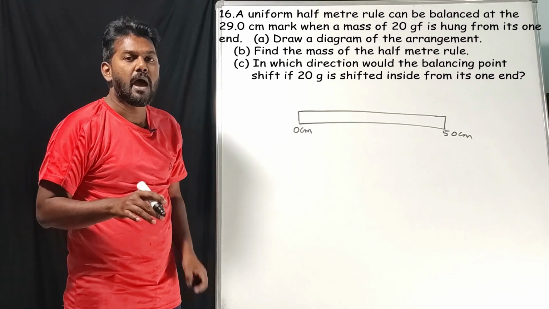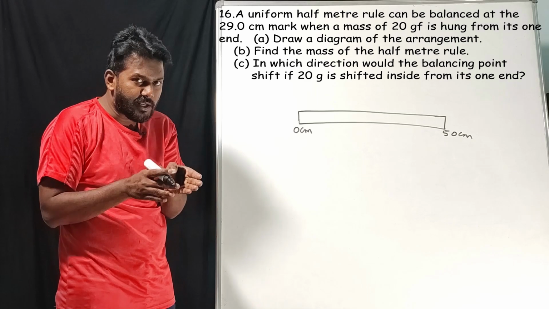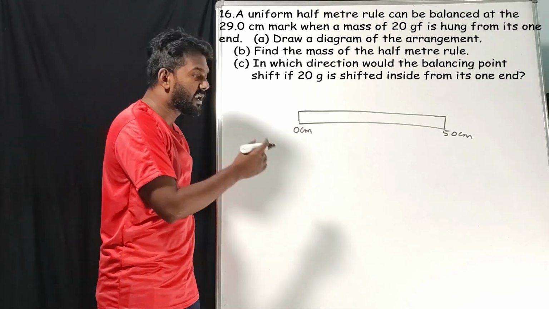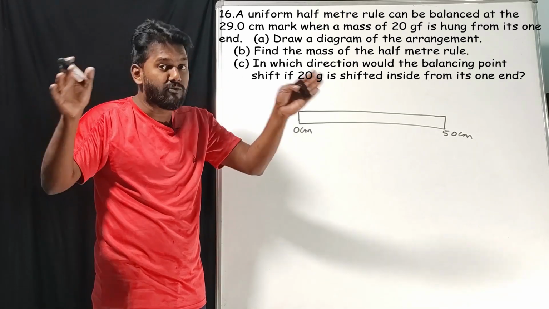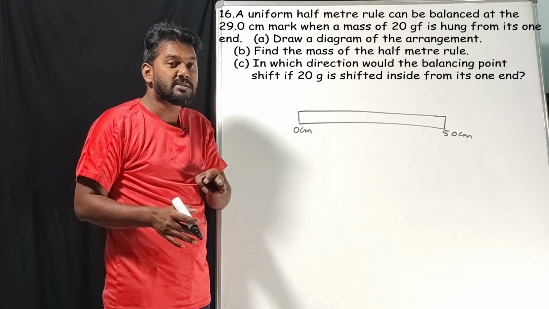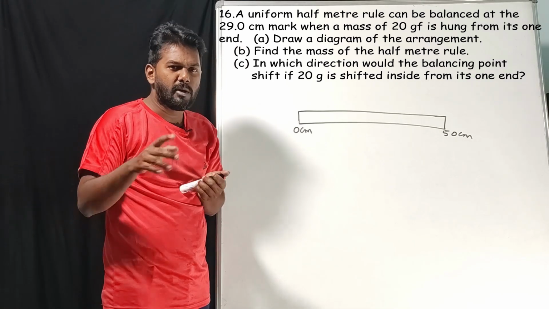Okay, and it is balanced at, balanced at means pivoted at 29 instead of 25. See, it is given uniform, but it would normally balance at 25. What do you mean by that?